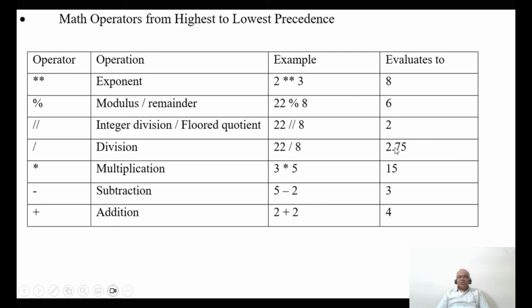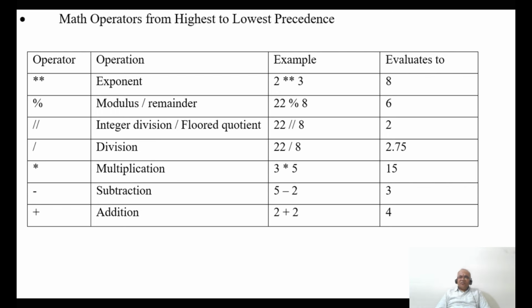But here, what is the quotient you are going to get? The quotient you are going to get is 2.75. But since it is an integer division, what does integer division mean? It will exclude all the digits after the decimal point, and that is called an integer.